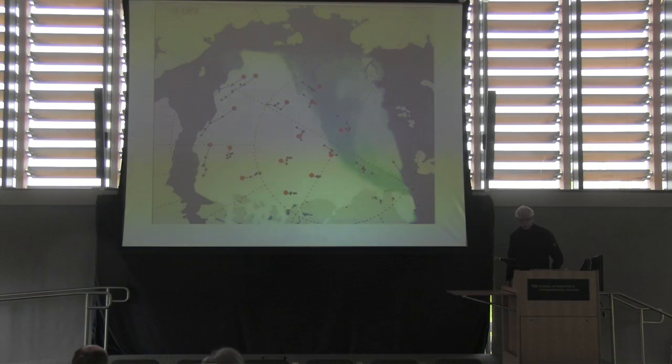So I'm going to first show you some work of the Arctic buoy to show you the dynamics of sea ice transport. And what you're seeing here is these black dots are buoys or transponders that are put out on the ice, and then they're tracked over several months until they stop working.